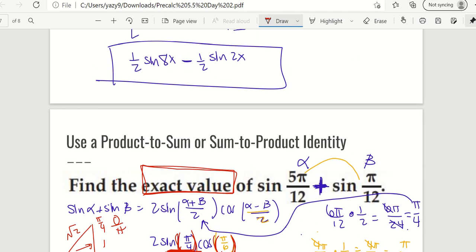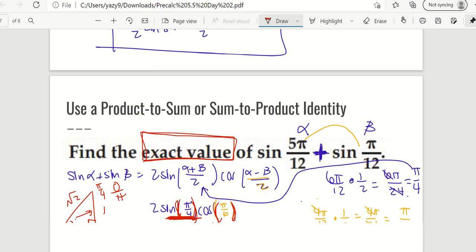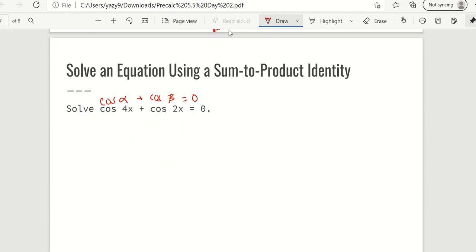I'm going to go back up to my rules and see what I can do with a cosine alpha plus cosine beta situation, and I have that written right here. So I'm going to take that rule and grab it: cosine of alpha plus cosine of beta is equal to 2 times the cosine of alpha plus beta over 2 times the cosine of alpha minus beta over 2.